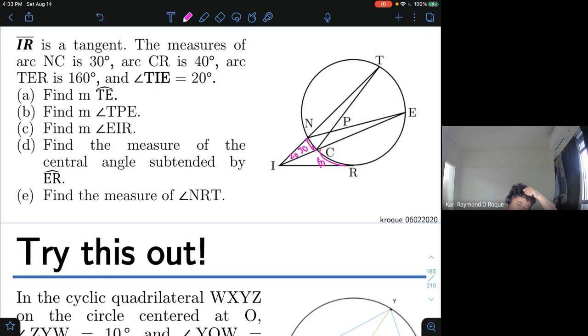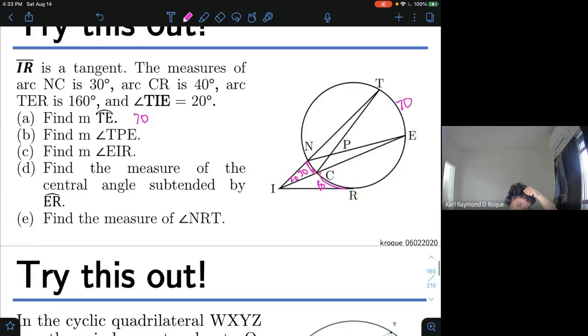So, alam natin na ang TE, something minus 30, one half nun equals 20. So, dapat 70 to. TPE, 70 plus 30 divided by 2, 50 degrees. EIR, paano yan? RTER is 160. So, 70, 50 ito. Paano nga ulit to? 50 minus 40 over 2, 5 degrees.